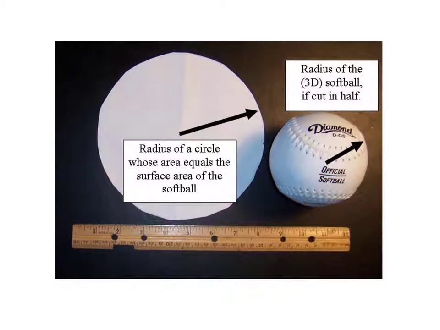Now if we take our piece of paper, our 2D surface here, from the center to the edge of it we have a radius. And taking the paper, or the 2D area, and curving it around to cover the surface of a softball, we find that the ball, now it's 3D, has a radius going from the center of the ball, because we're not going to cut this ball in half, to the edge of that sphere.